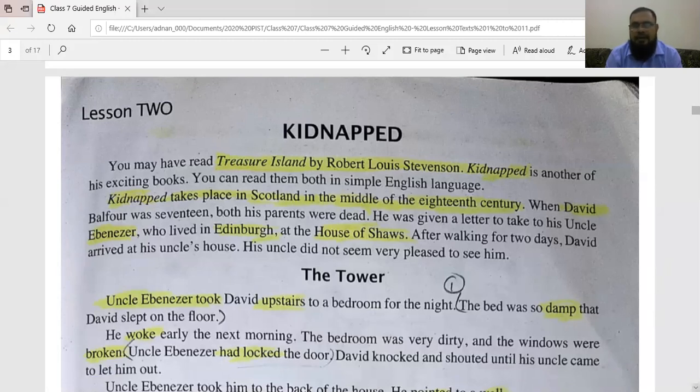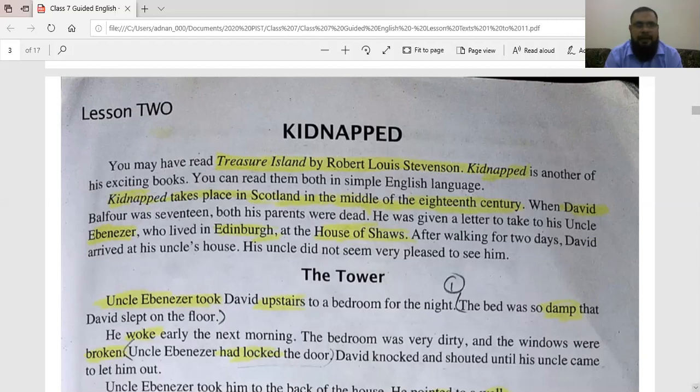Kidnapped is another of his exciting books. Treasure Island, students, is a very famous novel, and there are many movies on it. You can read them both in simple English language.